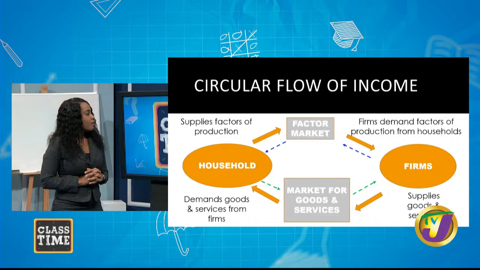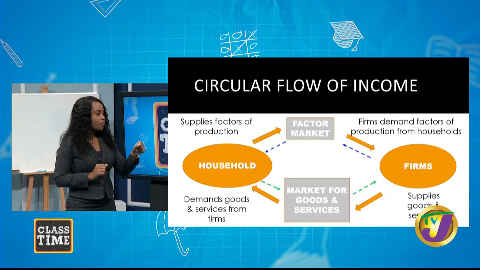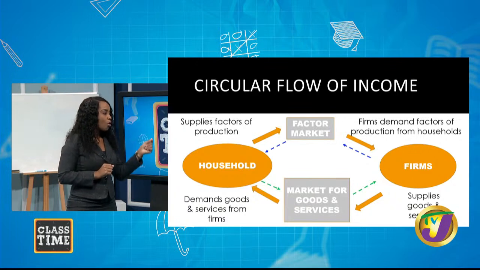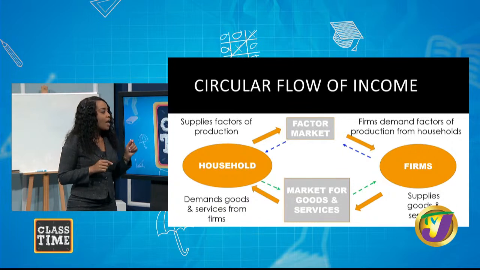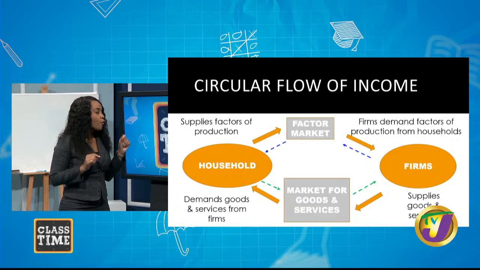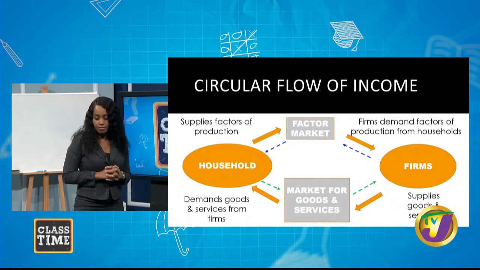For the factor market, we see an arrow moving from the firms to households. That's the blue arrow or the broken lines. That represents the fact that firms are paying households for those factors of production that they have received. And the green arrows, the broken arrows moving from households to firms, represent the payments made by households to firms for the goods and services that they are supplied with.